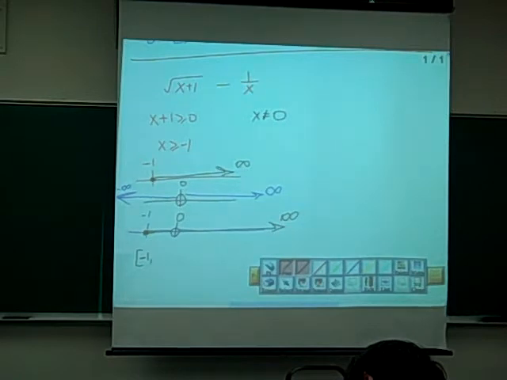Bracket, to 0, open. Then union, 0 open to infinity. Open almost looks like a bracket. Okay, so that's our domain.